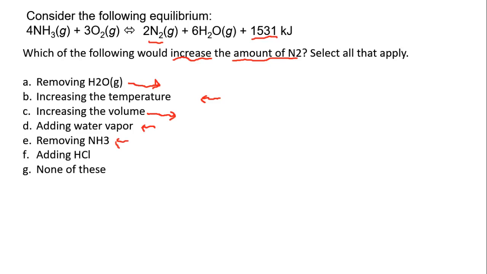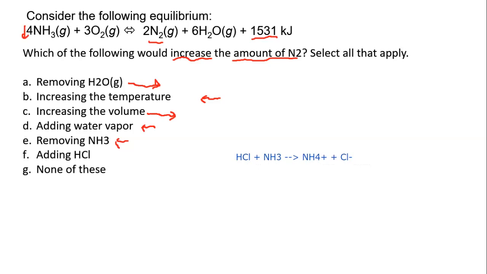Now the next one is a little bit tricky. Here we're saying what happens when we add HCl. And this has an indirect result. When you add HCl, which is a strong acid, HCl reacts with ammonia to give NH4+ and Cl-. So when you add HCl, you're decreasing the concentration of ammonia.